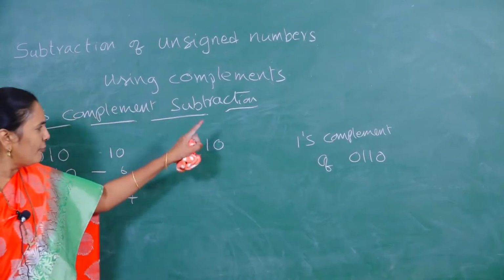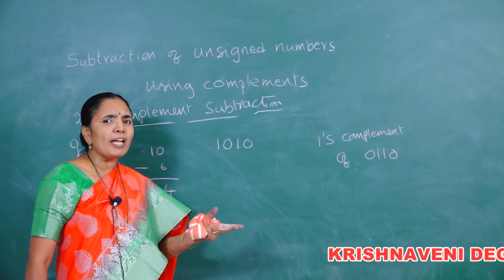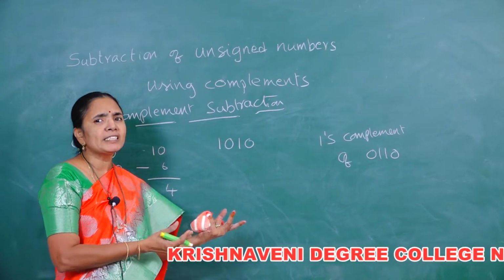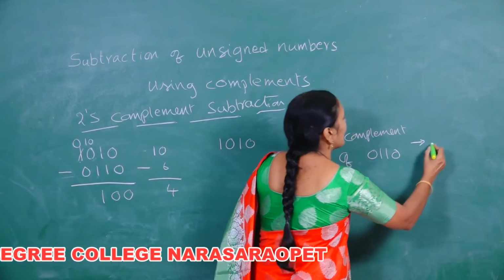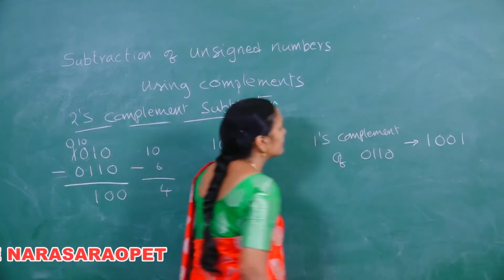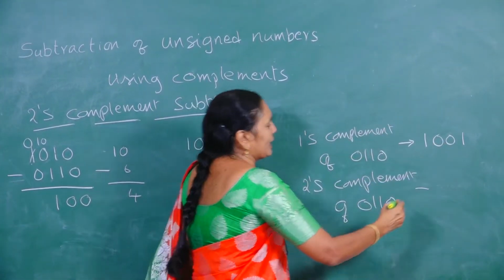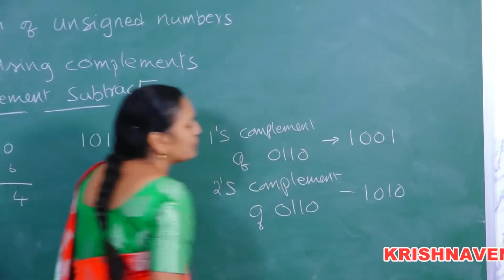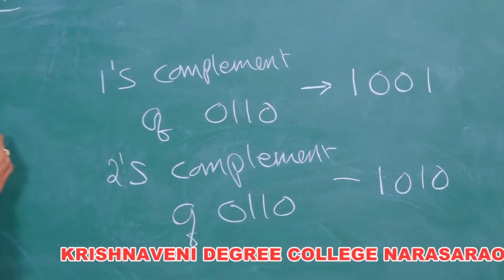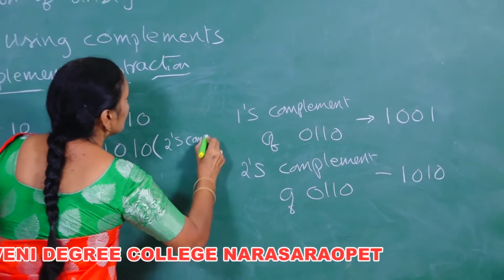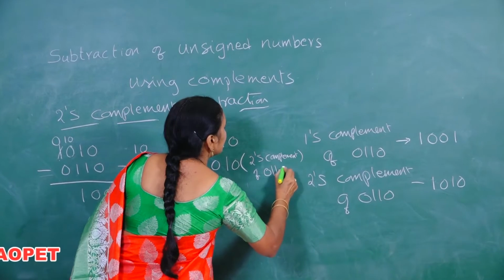So, in the previous video we have seen that the simplest procedure to get the 1's complement of the given number is simply interchange 1's with 0's and 0's with 1's. That is, here the 1's complement of this number will be 1001. When I have to get the 2's complement of that number, so add 1 to it, which becomes 1010. So, this 1010 is nothing but the 2's complement of 0110.